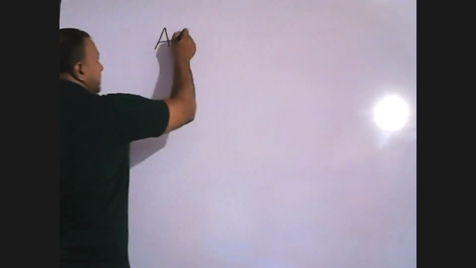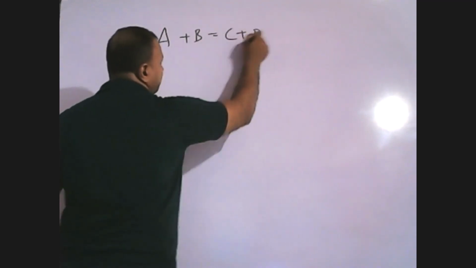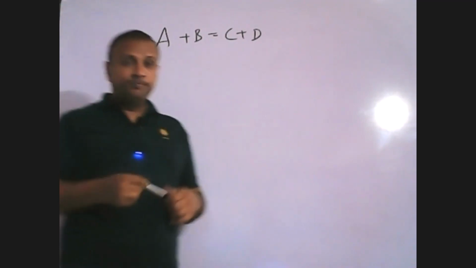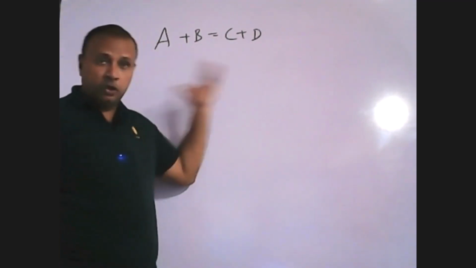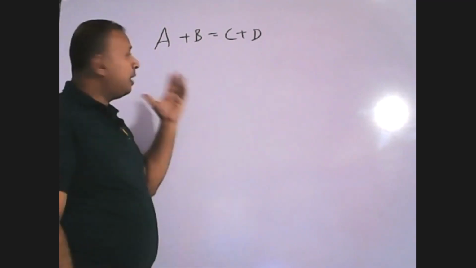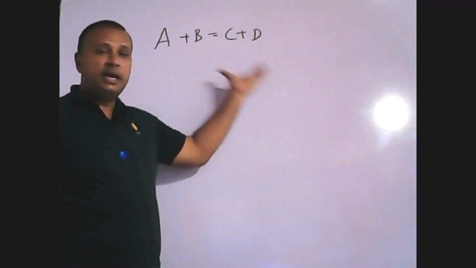In that case, if we are given an equation and asked to determine the accuracy of this equation, what we should do is take the dimensions of each side.